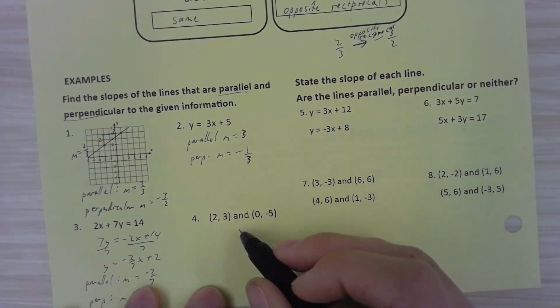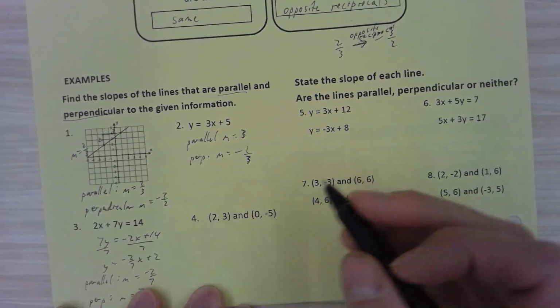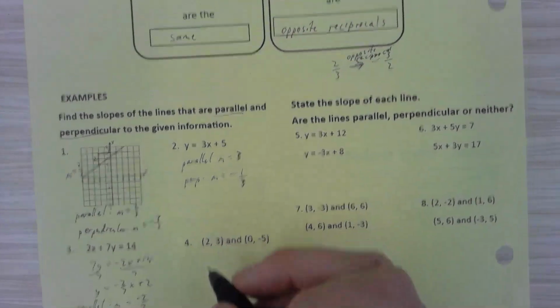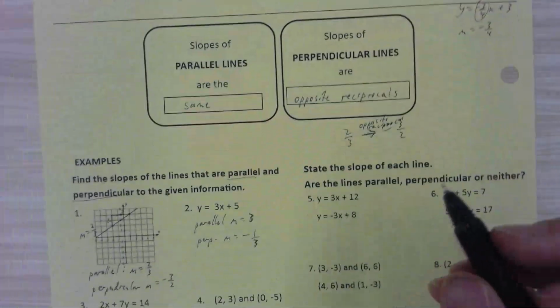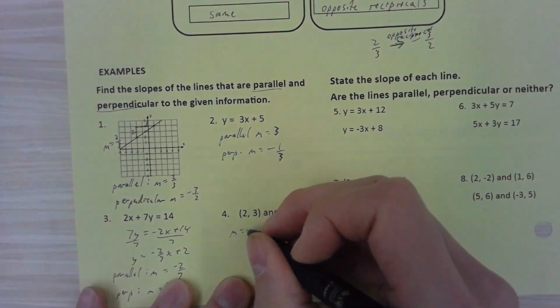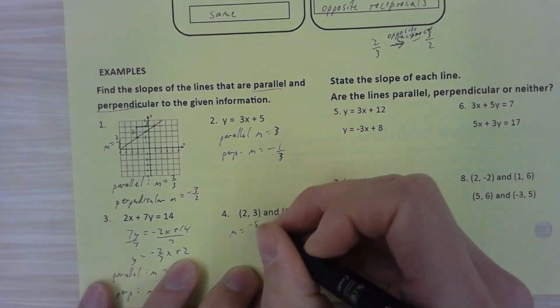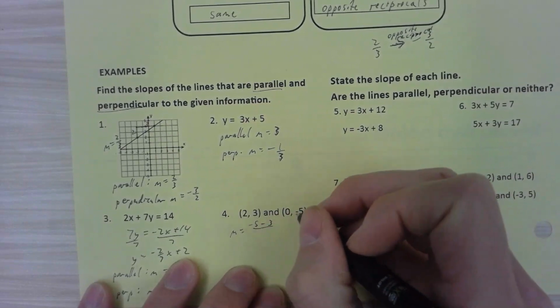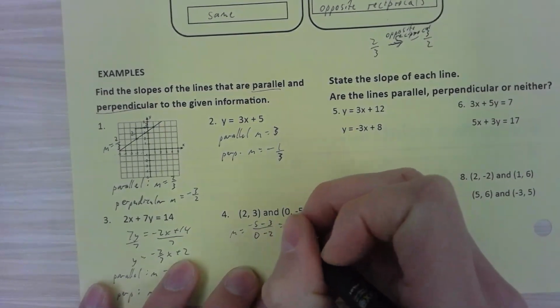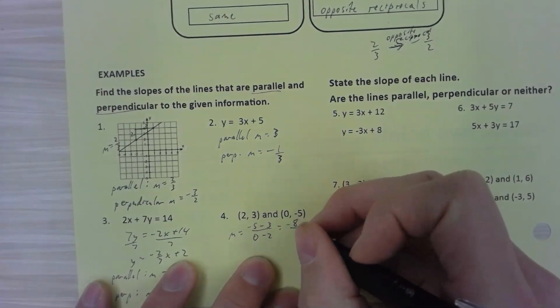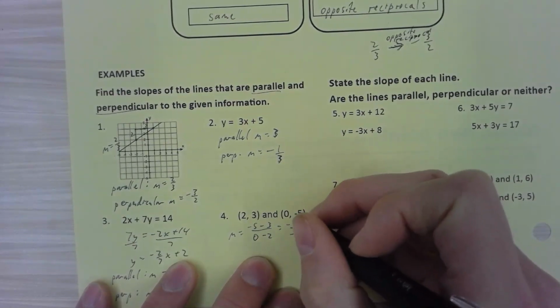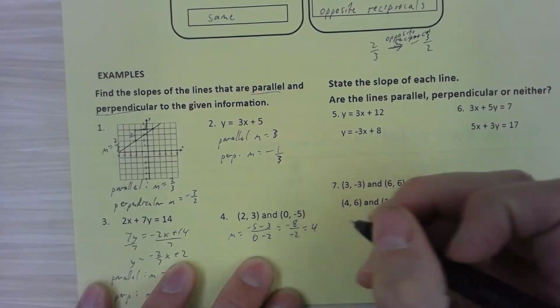For this one, in order to find our slope, we're given 2 points. So like we did up here, we're going to subtract our y's, subtract our x's. It's the difference in our y's, so -5 minus 3 over the difference in our x's, 0 minus 2. -5 minus 3 is -8. 0 minus 2 is -2. A negative divided by a negative is a +4.